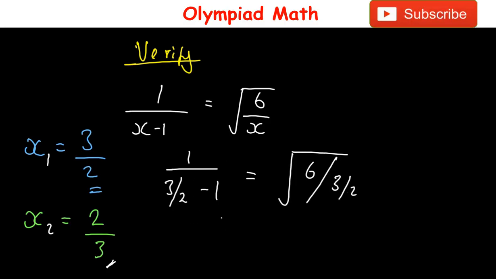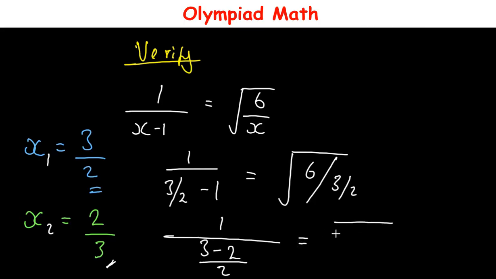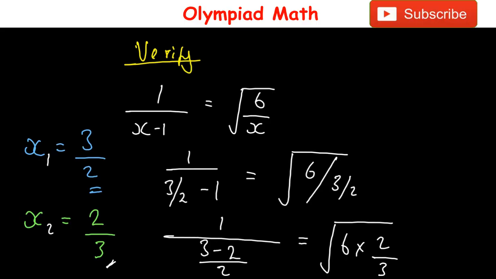And with this, we have 1 over, so 3 over 2 minus 1 is simply, the LCM is 2, then we have 3 minus 2, and this equals the square root of 6 times 2 over 3.